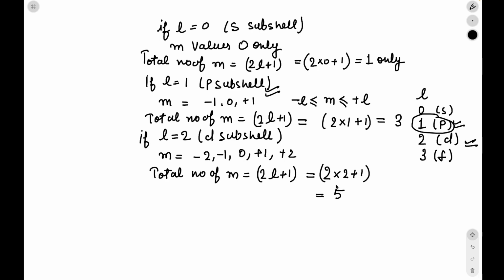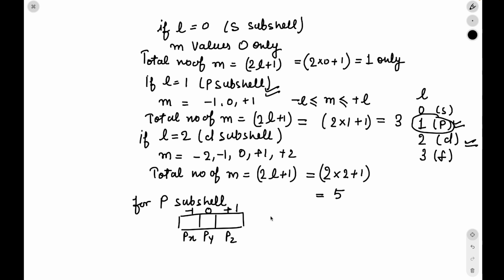in which direction. Like for P subshell, there are 3 orbitals: Px, Py, and Pz. And M values 0, -1 to +1.